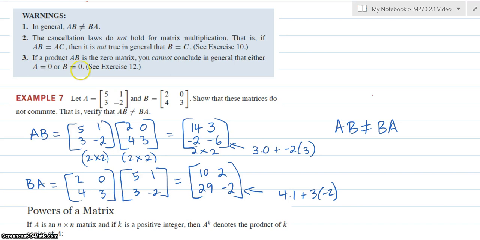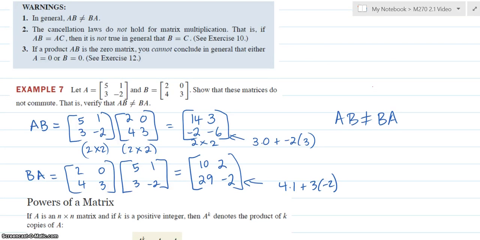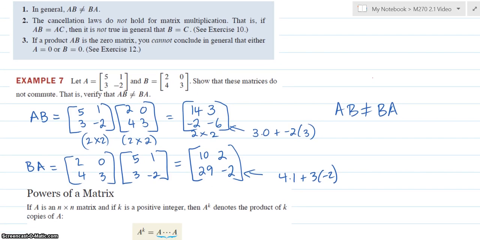If the product AB equals 0, you cannot conclude that A equals 0 or B equals 0. If you look at the exercises in the book, they show you some counterexamples where it just does not work. And again, you'll look at the conditions in the next section to see when that can happen.